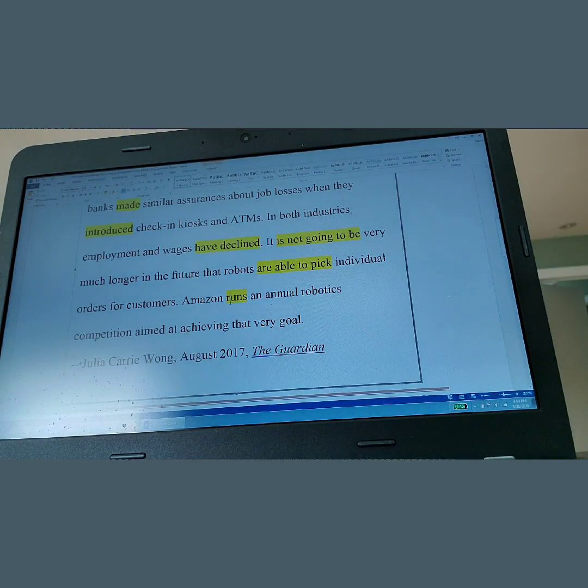So runs an annual robotics competition, right? Aimed at achieving that very goal, right?